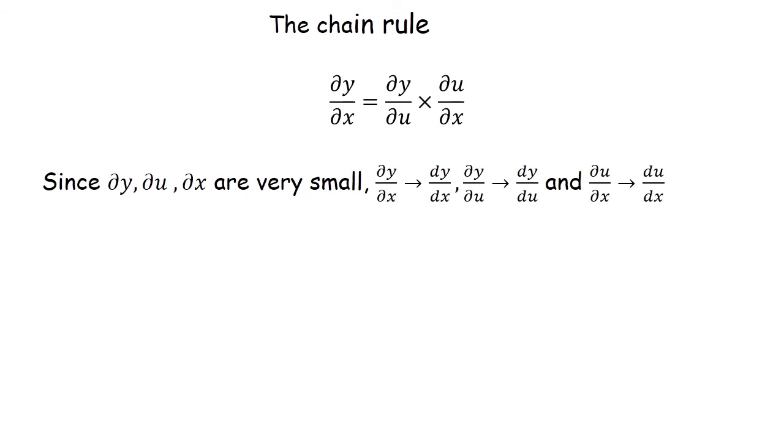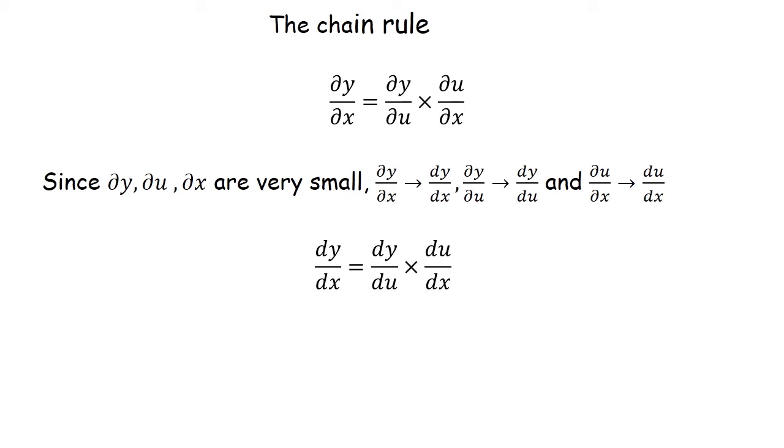So when these small changes are very small, the change in y over change in x tends to dy/dx, change in y over change in u tends to dy/du, and likewise change in u over change in x tends to du/dx. So then we come up with this formula: dy/dx is equal to dy/du times du/dx.